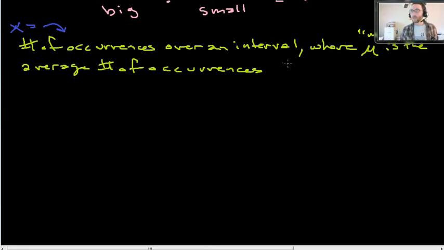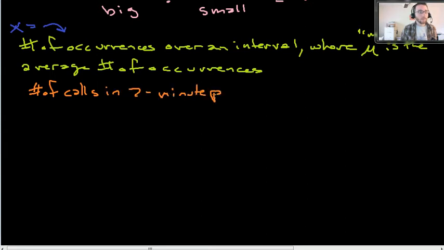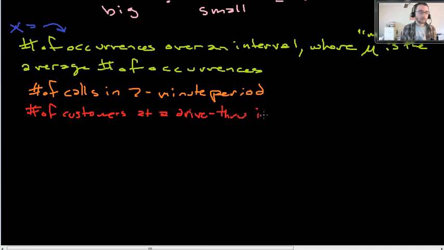So what might be some examples of this? Well, I already gave one, which is the number of calls to a call center in a given period of time. So let's say the number of calls in a 2-minute period. Right. So that's one example. Another example might be what? The number of customers at a drive-through in 5 minutes.